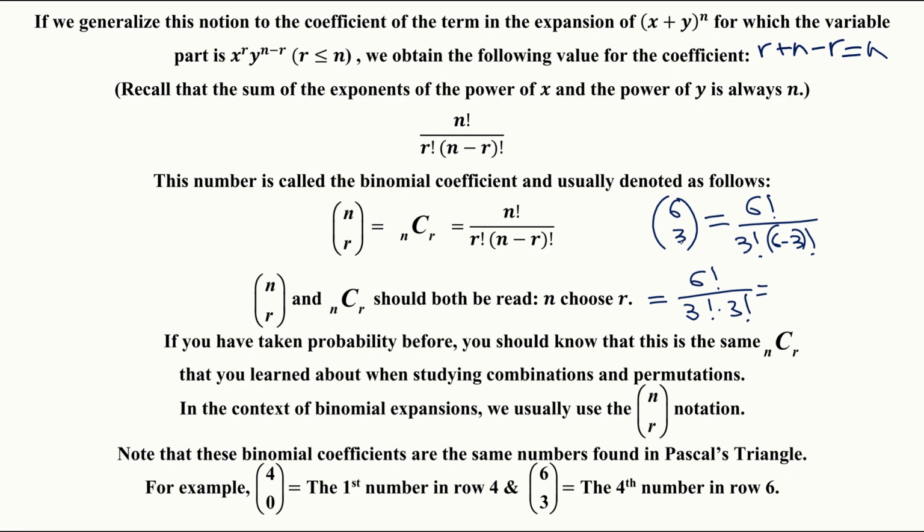So we would have 6 times 5 times 4 times 3 times 2 times 1 divided by 3 times 2 times 1 times 3 times 2 times 1. Of course, a lot of things cancel out. Those 3 cancel those 3. These 2, 3 and 2 cancel the 6, right? So we have 5 times 4, which is what? Which is 20, as we just discovered using Pascal's triangle.